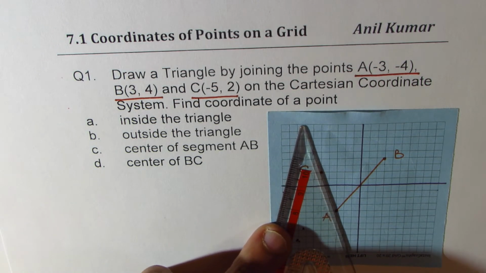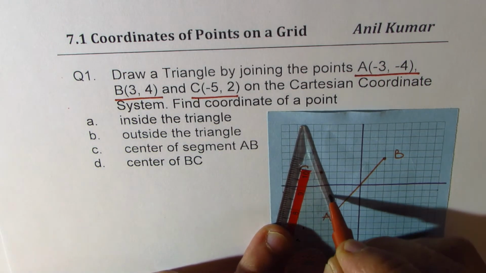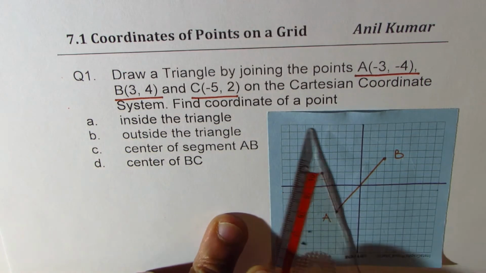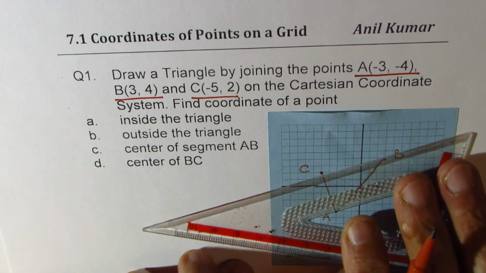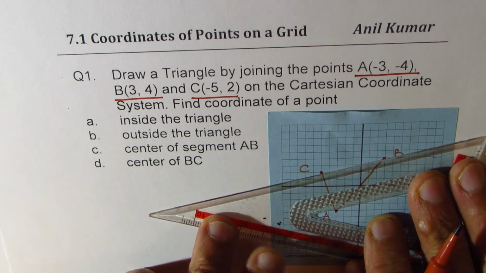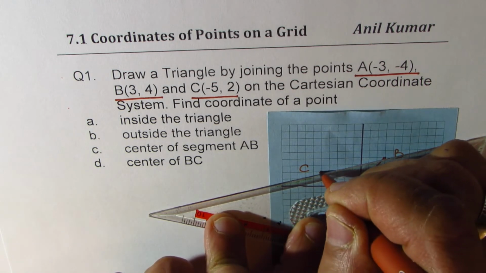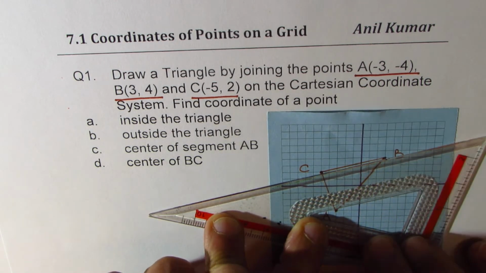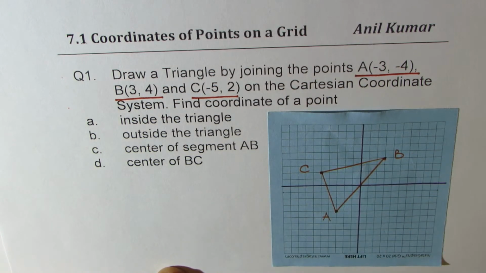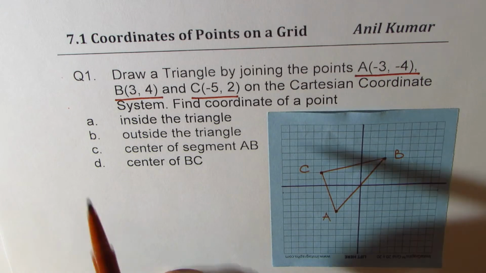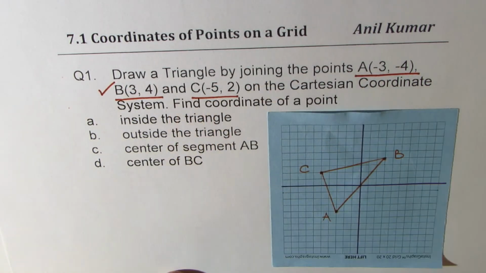A and C forms another side of the triangle, and then let us join C to B to complete our triangle. As you know, this triangle will have 3 sides, AB, BC and CA. Perfect. So we have done the first part, that is to draw a triangle on a Cartesian plane.